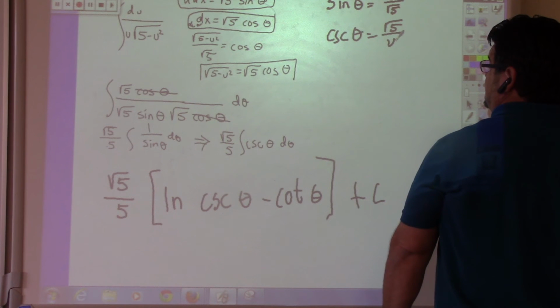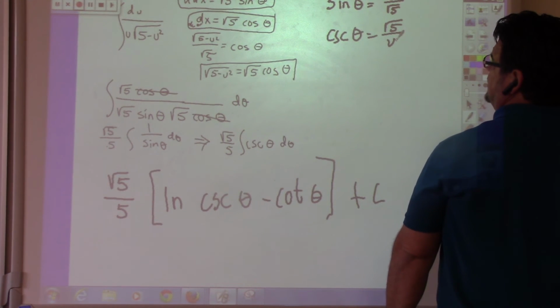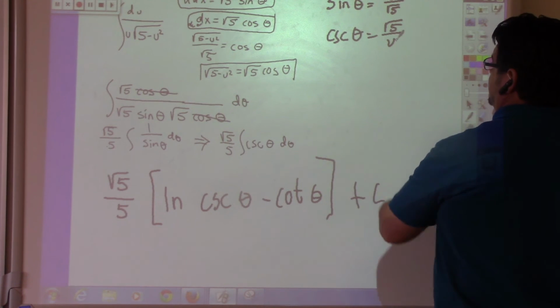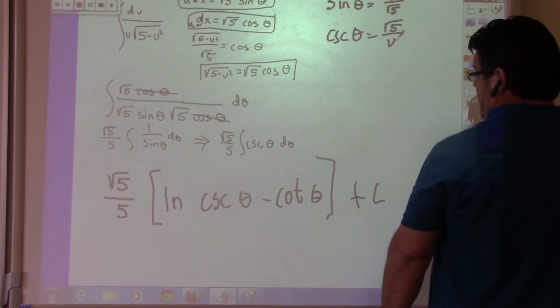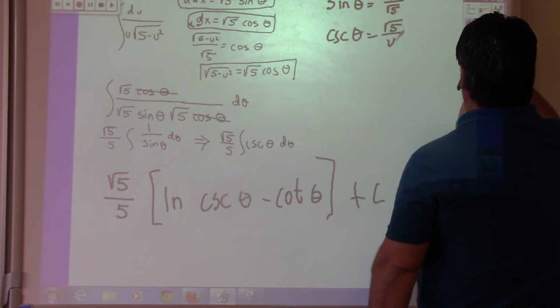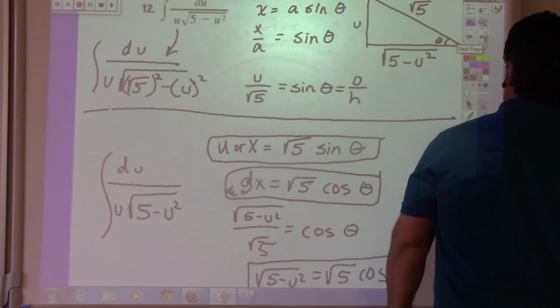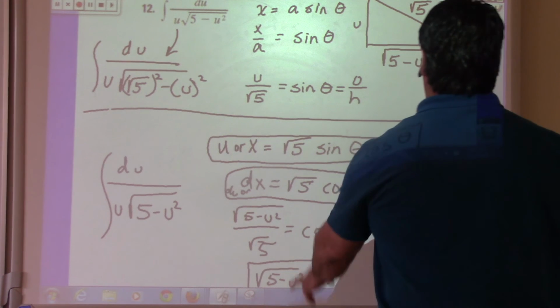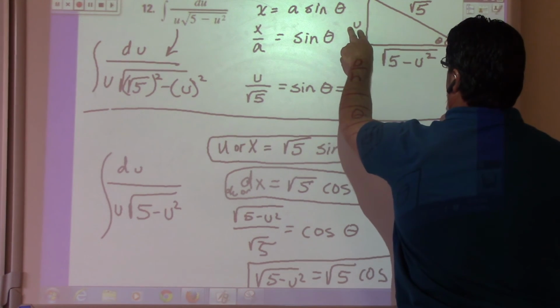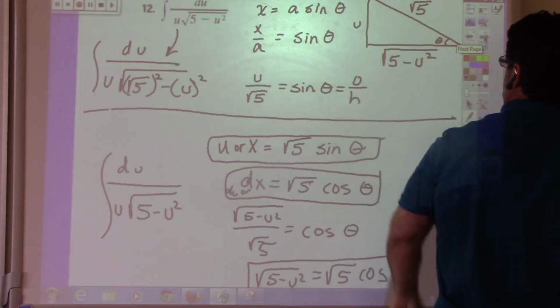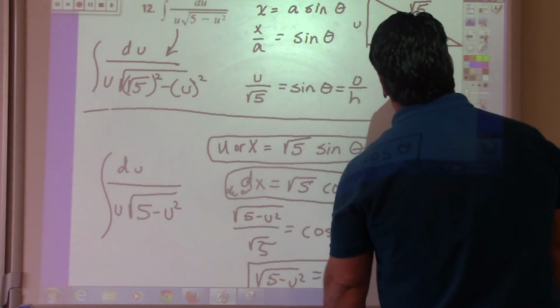And then the cotangent, what's the cotangent? 1 over the tangent. We don't have the tangent, do we? So we're going to have to go back to our handy dandy. There we go. What's the tangent? Oscar had a hunk of apple. So that's of apple, u over this. So u over the square root of 5 minus u squared.